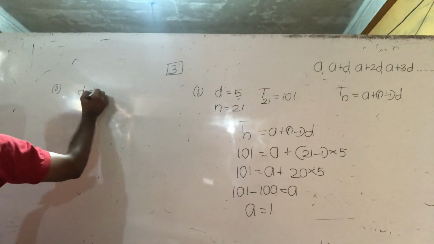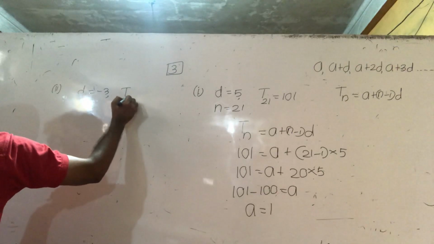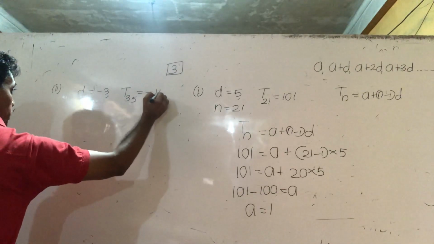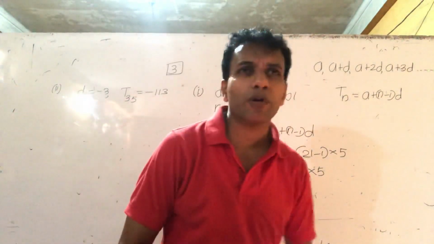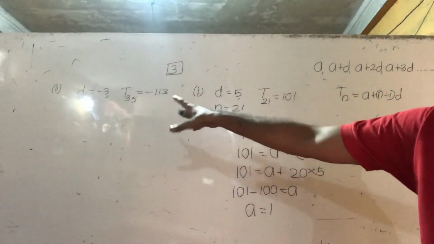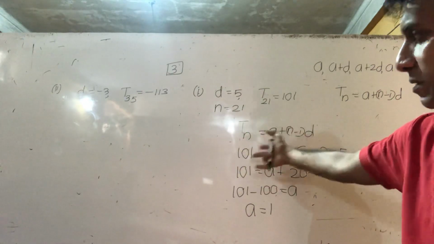Next question: d equals minus 3, T35 equals minus 113. So stop the video and try it, because I explained the first one clearly. The same idea, only the numbers are different, right?